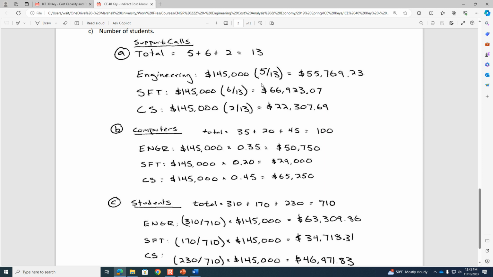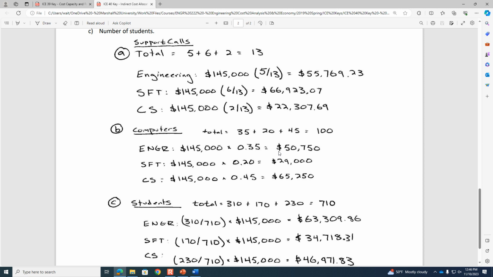Like, this is an amount that they're going to have to pay. So they don't want to pay $66,000 to the IT department. That's how much they'd have to share of the budget. So the safety department would say no to the support calls method, and what they would like is the number of computers method, because that means that they have to contribute less to the budget.